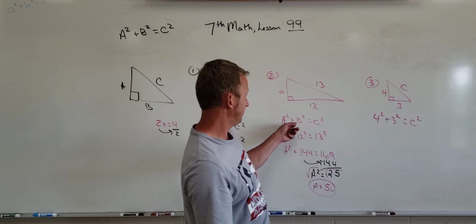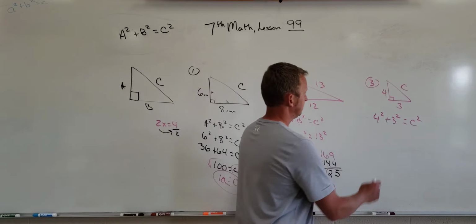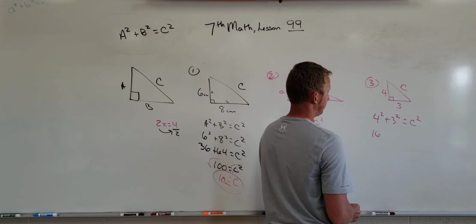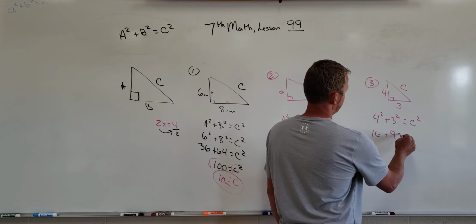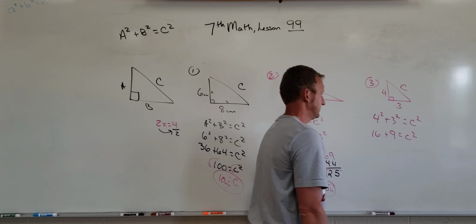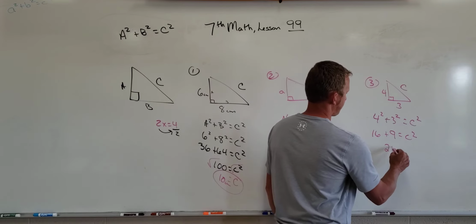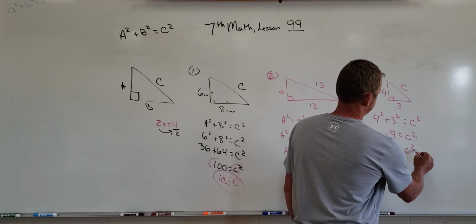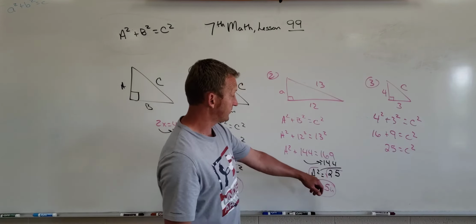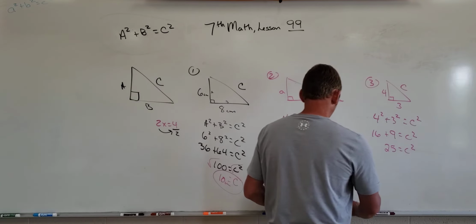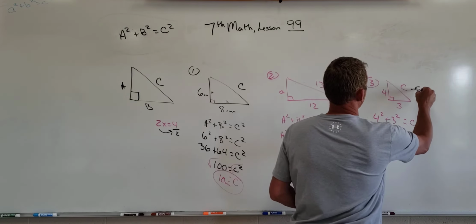I've skipped a step already and thrown the formula in. 4 times 4 is 16. 3 times 3 is 9. 16 plus 9, we already did that on this one. The square root of 25 is 5.